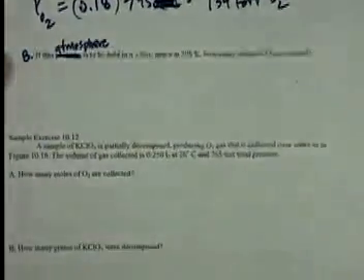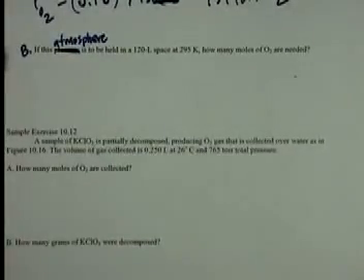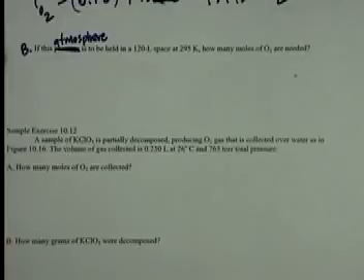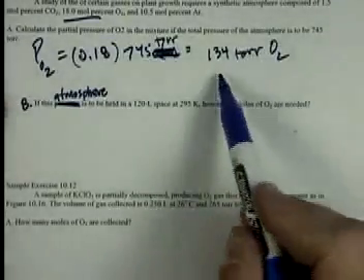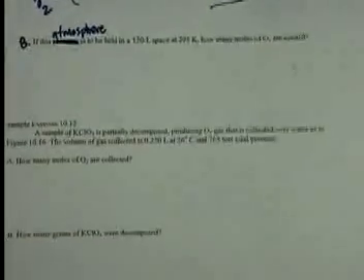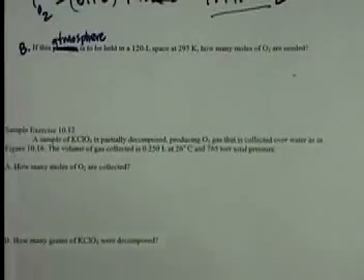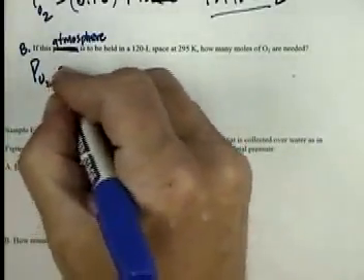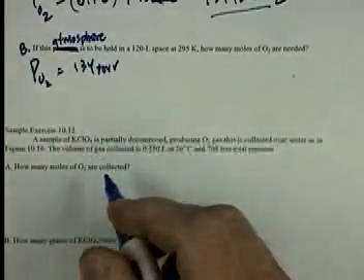If this atmosphere is to be held in a 120 liter space at 295 Kelvin, how many moles of O2 are needed to fill this space to cause it to have 134 torr of partial pressure of oxygen? Well, we know that the partial pressure of oxygen is going to be 134 torr to make this happen.